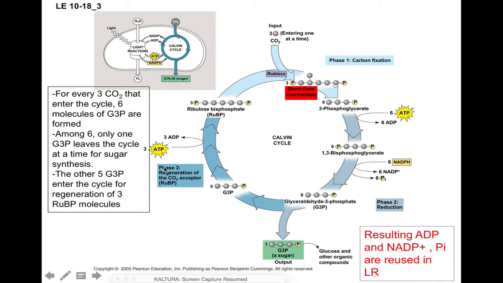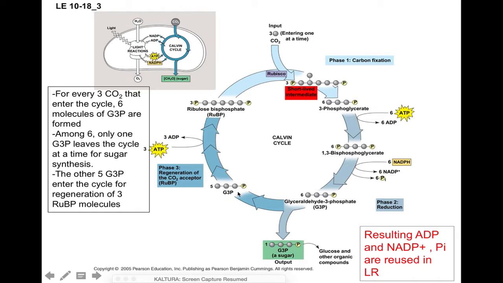Let's take into consideration 5 G3Ps coming from 5 Calvin cycles. 5 G3Ps contain 15 carbon atoms, right? 1 G3P has 3 carbons, then 5 G3Ps would have 5 times 3, 15 carbons.